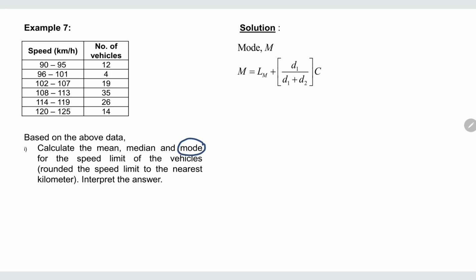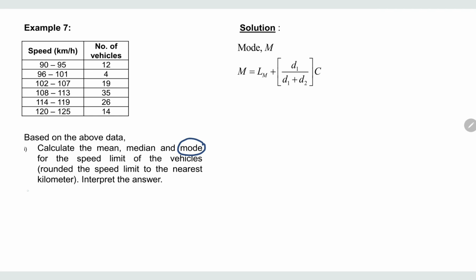Okay, now let's find the mode. To find the mode, we will use the formula: m equals Lm, the lower boundary of the modal class, plus the bracket d1, the difference between the frequency of the modal class and the class before, divided by d1 plus d2, where d2 is the difference between the frequency of the modal class and the class after, times c, the class size.